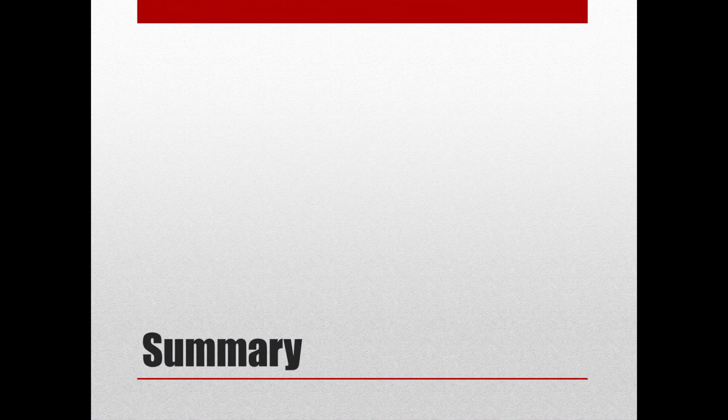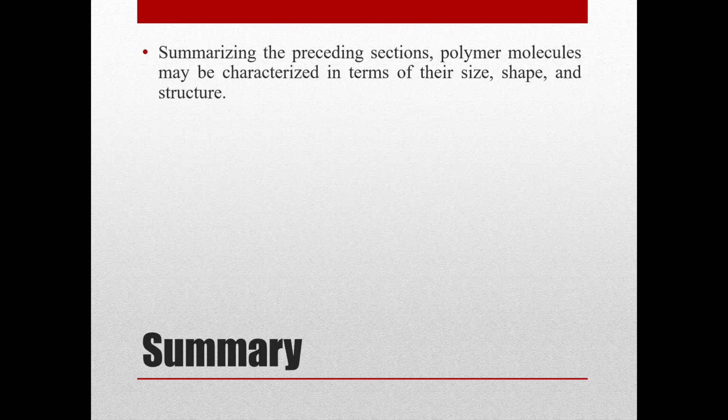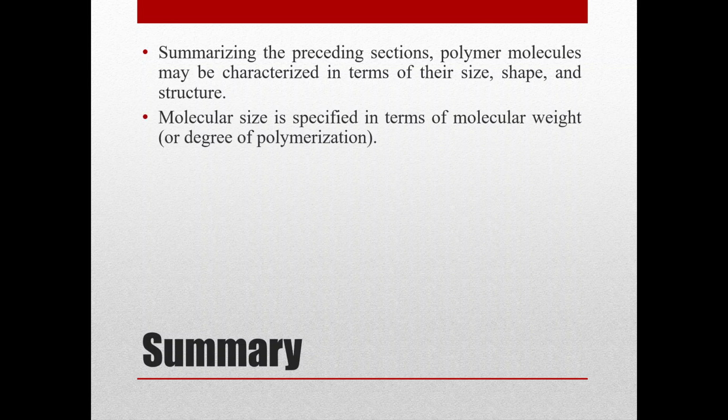Now we come to the summary of the entire section on molecular characteristics. We had seen 4 subclassifications, and now we shall see the summary and try to revise and recollect what we have learned in the past few lectures. Summarizing the preceding sections, polymer molecules may be characterized in terms of their shape, their size, and their structure.